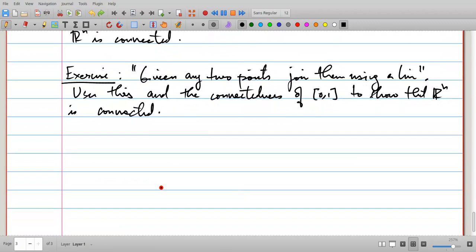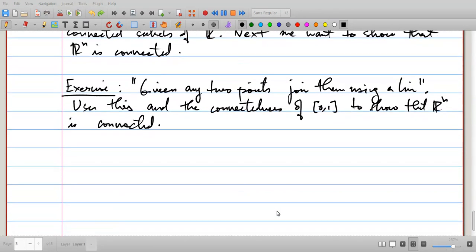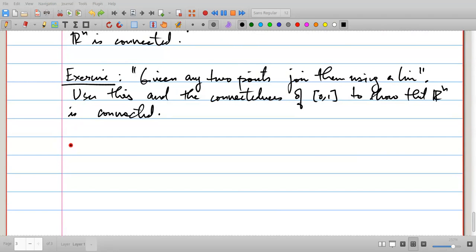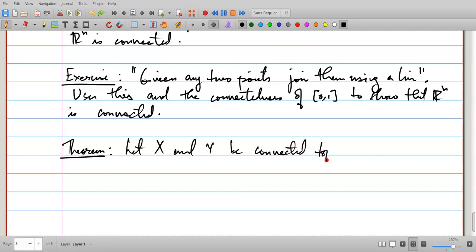But we can also prove a more general theorem which says the following. Let X and Y be connected topological spaces, then their product is connected.